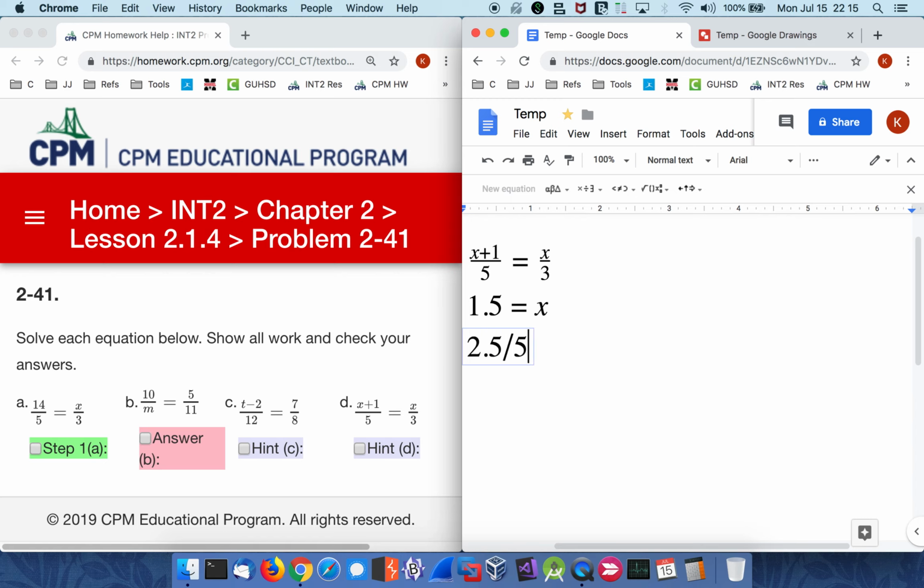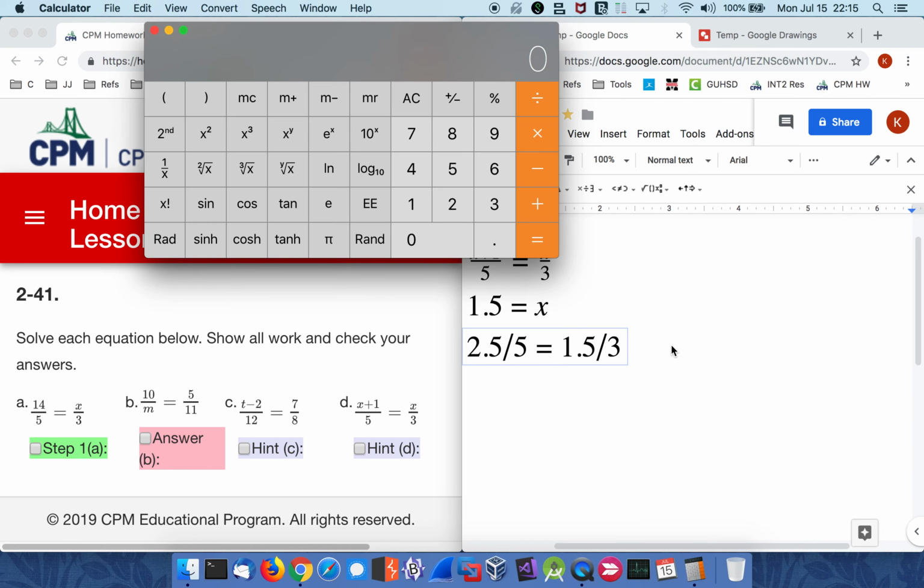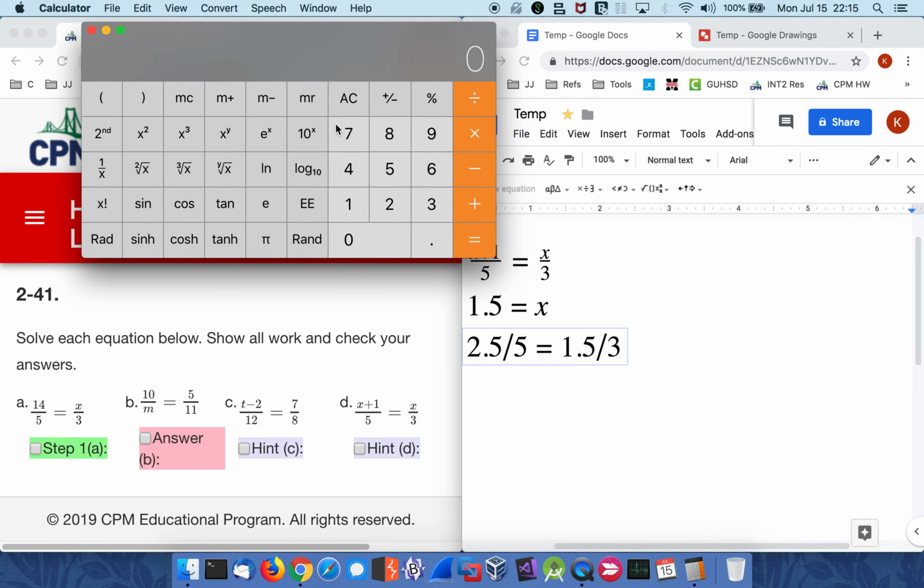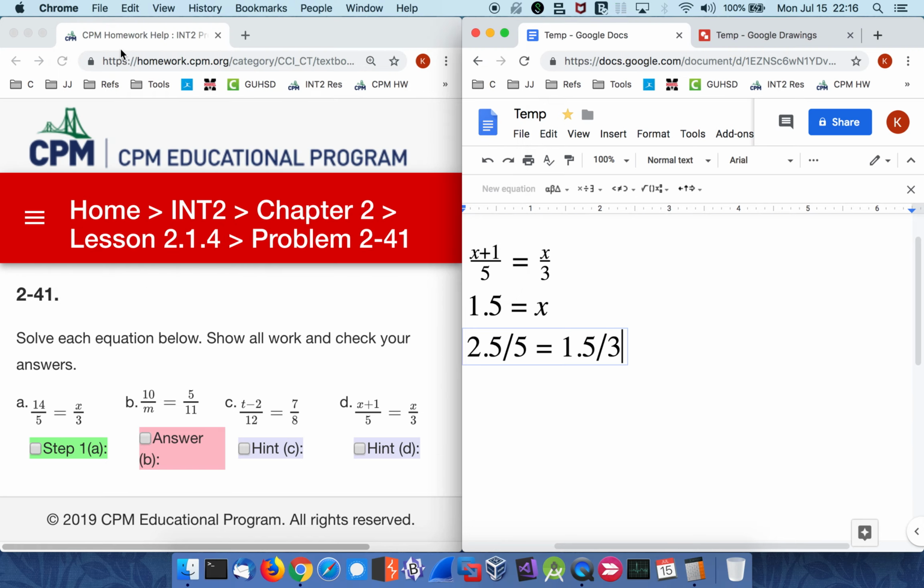So let's just do 2.5 divided by 5 equals 1.5 divided by 3. I have a feeling that's going to be a half over here and a half over here. So 2.5 divided by 5 equals 0.5, 1/2. And then 1.5 divided by 3 equals 0.5, which is 1/2. Check. Cool. Nice.